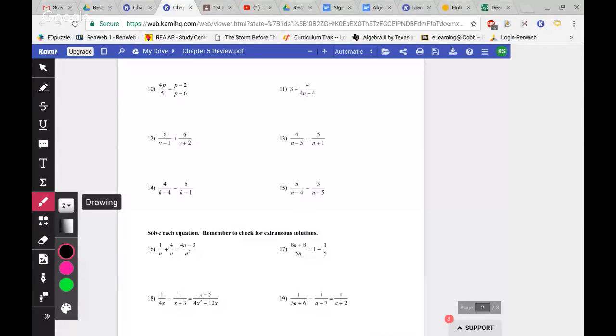But what you're going to want to do, on all of these rational expressions, the thing you should think about first is making sure all of the denominators are in their lowest terms, that they're factored. So that 3a plus 6, I know it can be factored to 3 times a plus 2.